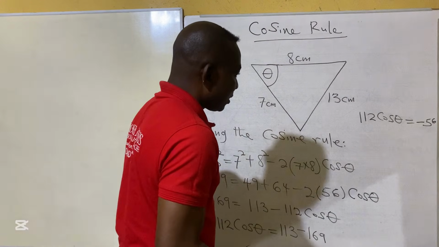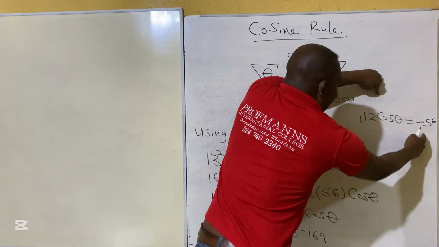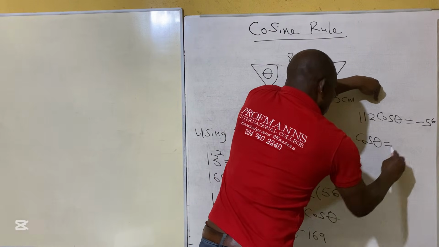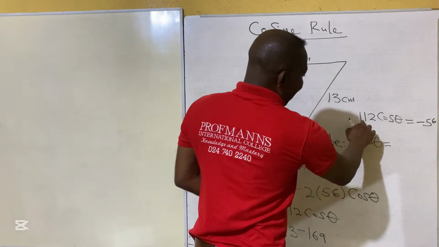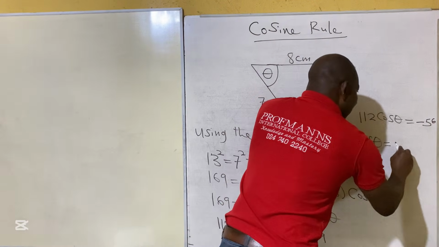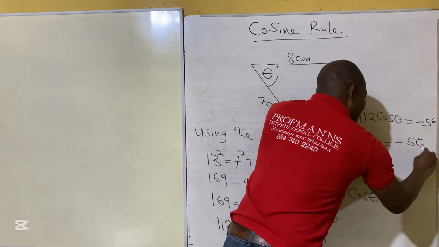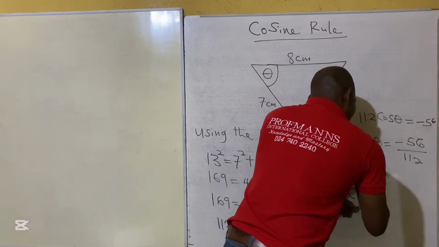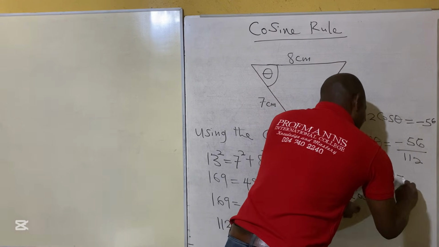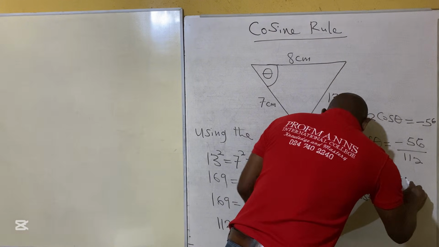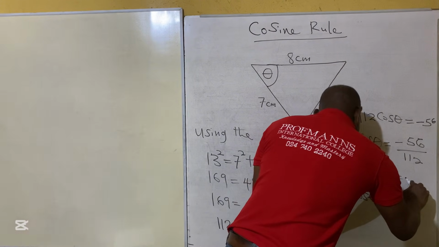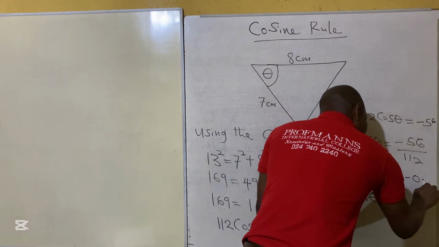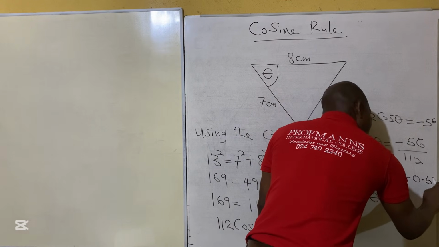So here we are going to get cos theta is equal to, now we are dividing both sides by 112. So we have minus 56 over 112. Cos theta is equal to, when we do the division, it's going to give us minus 0.5.